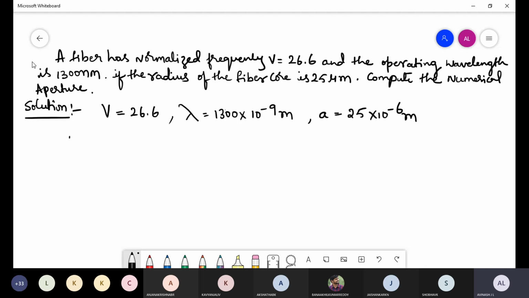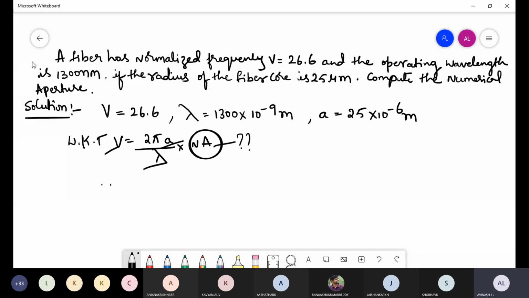So now we'll start solving the problem. We know that V equals 2 pi into A divided by lambda into numerical aperture. Okay, this is the formula. Here V is given, lambda is given, A is given. So the only thing is numerical aperture, which is what we need to find out.